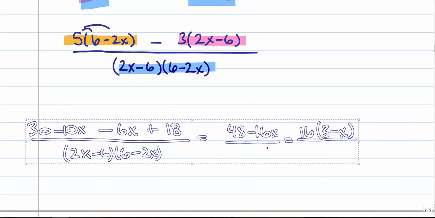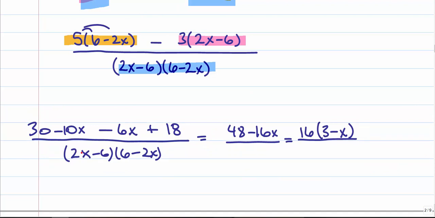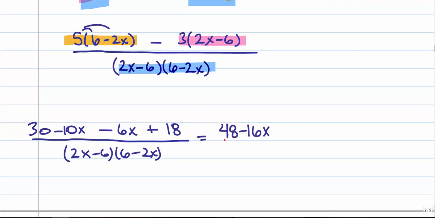So I went ahead and took care of that numerator because in the denominator, you can see that you can remove a 2 from that first one. And then you could also remove a 2 from that second one. So let me make that a little bit bigger. So I have 48 minus 16x over that denominator, right?